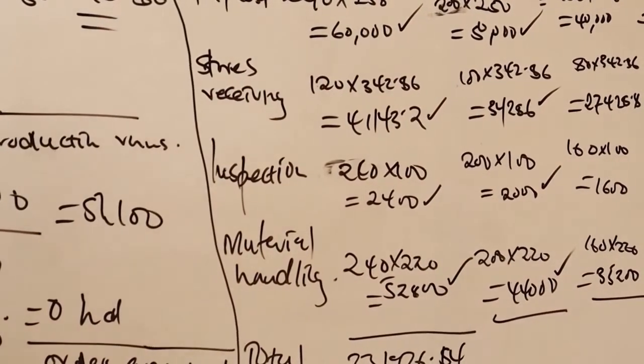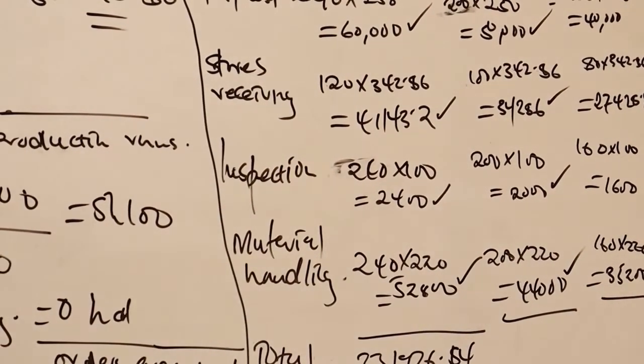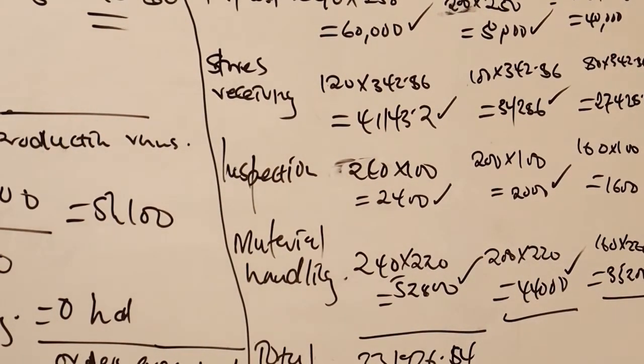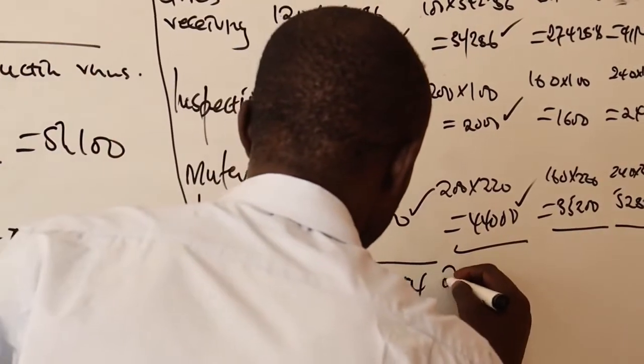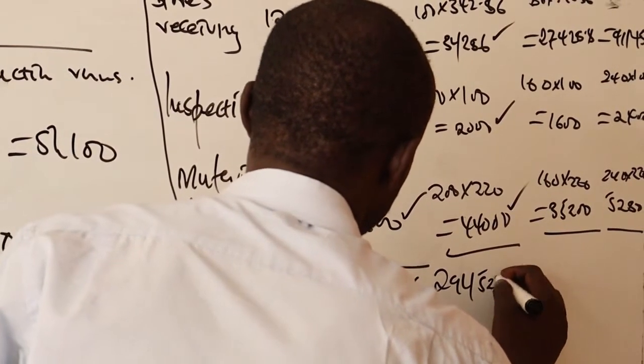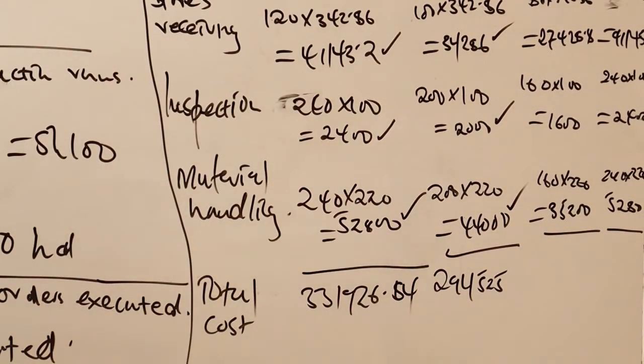Those I have ticked are the ones that we are adding in order to get the total cost of the product. So this one will be 294,525.7.